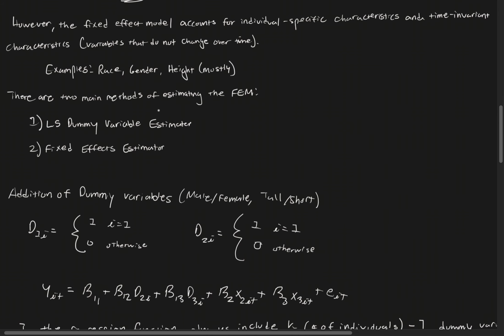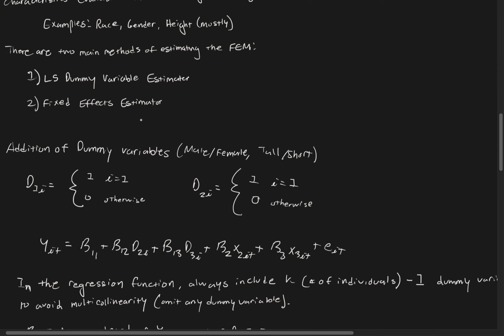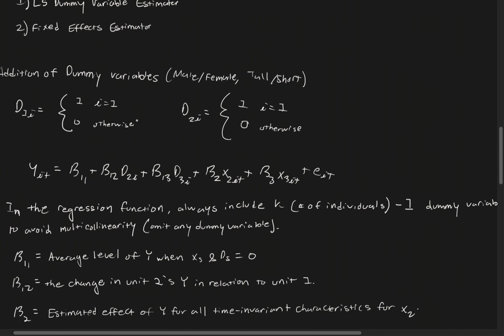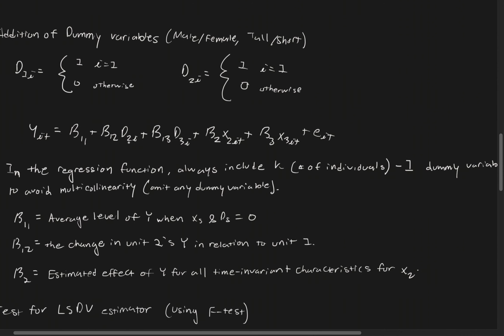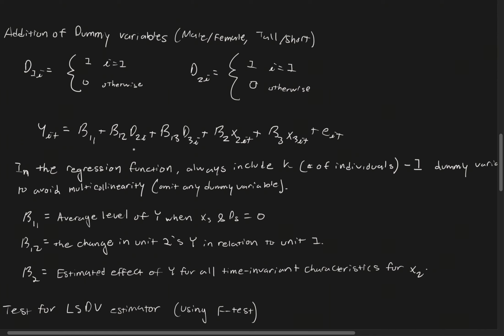And so there are two main methods of measuring this FEM: the use of least squares dummy variables, and then the typical fixed effect estimator. With the addition of dummy variables, it will look something like this, where we include a dummy variable for every variable.